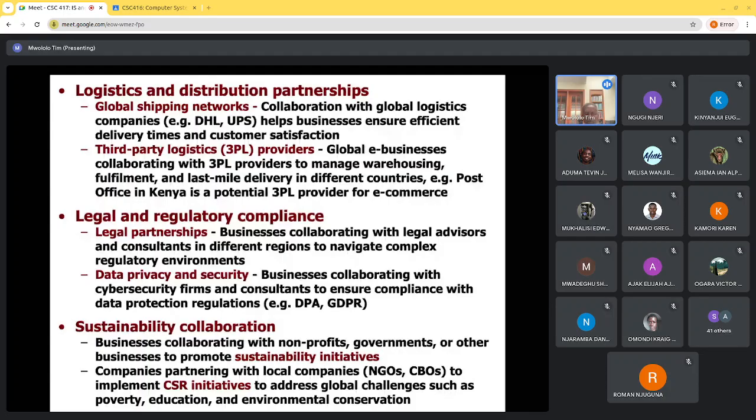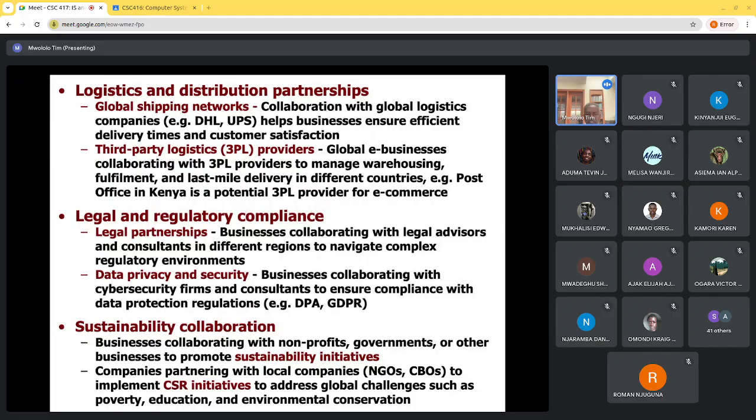And so that is a form of collaboration. Businesses would be hiring these legal firms to make sure that they have compliance with the GDPR, the Data Protection Act in Kenya, and there are data protection acts or legislations in different countries.